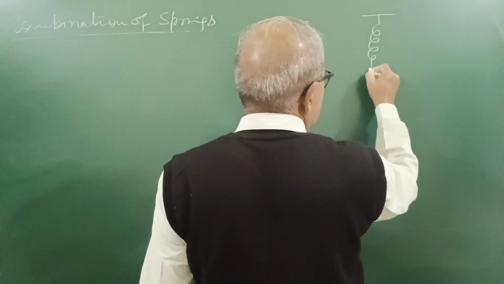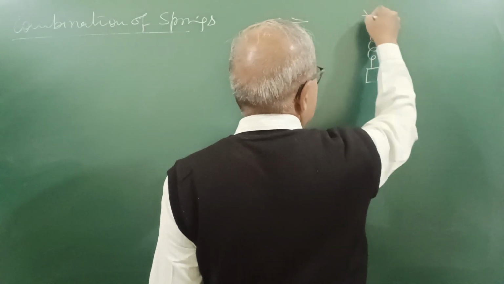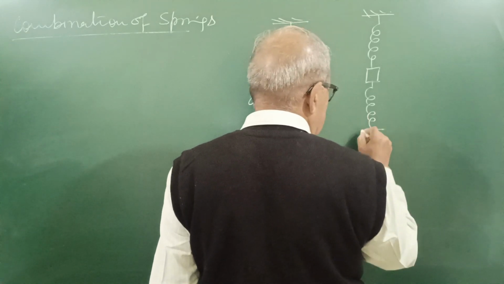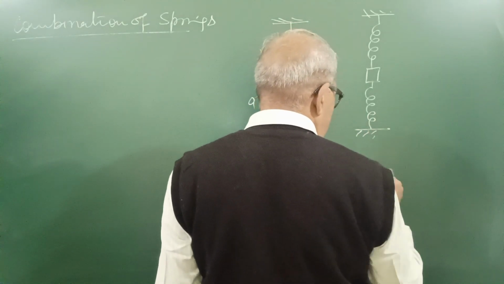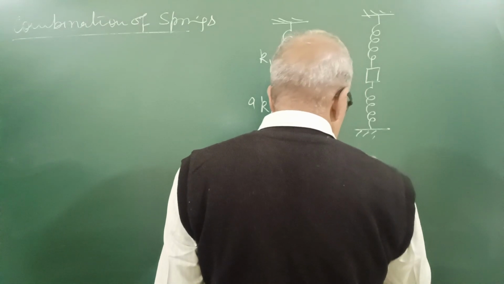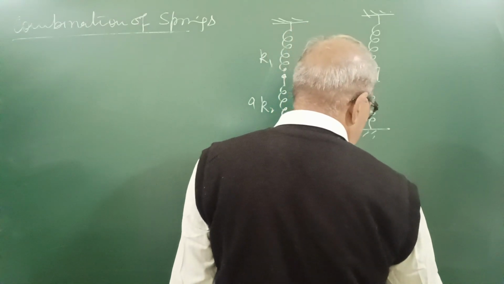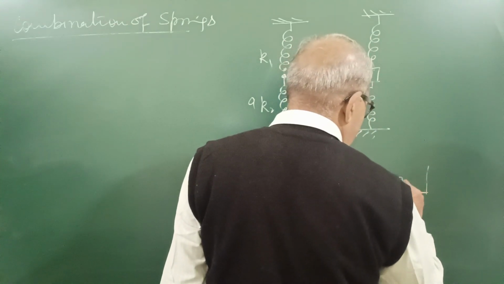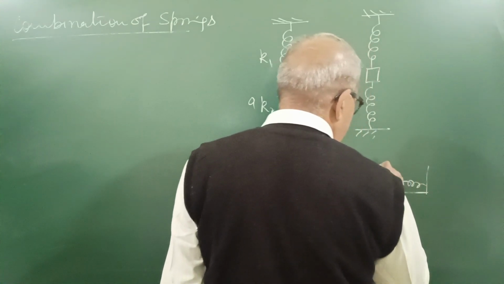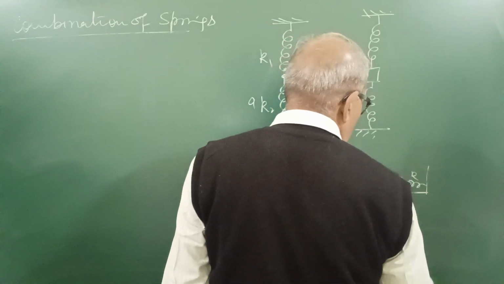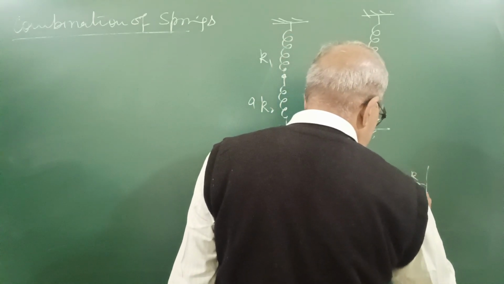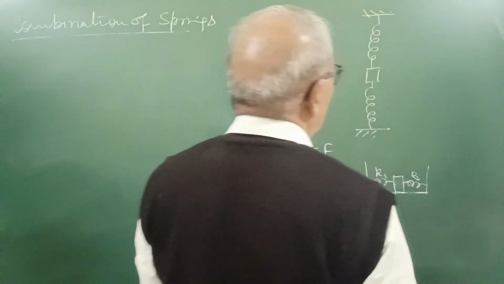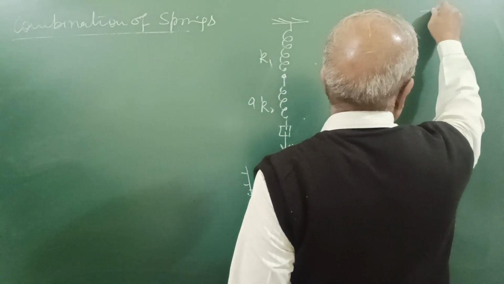Here the spring and mass are in between, and here it is also like this. Or you can be given like this. The two springs are there, mass in between, k1, k2. Or you can be given like this.